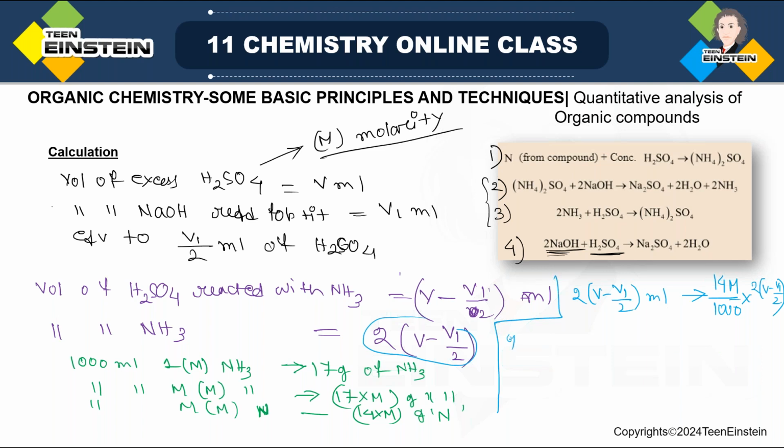Okay. So finally, we know the mass of atomic nitrogen present in this volume of ammonia. So now the final step: percentage of nitrogen is the mass of nitrogen, which is this total amount, divided by the mass of the organic compound from which we have started. So this will be the final formula that we are reaching.